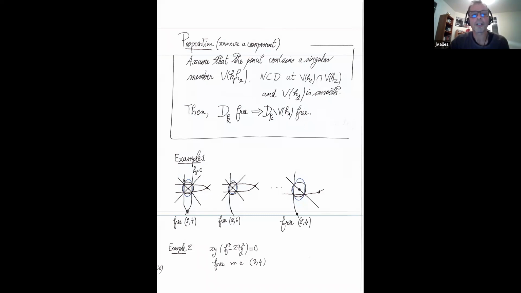So for instance, the generic pencil of conics contains the singular conics, but you can remove H1 and it is still free. You can remove this horizontal one also, and it is still free. And so you simplify in some sense your divisor in order to keep a free divisor.